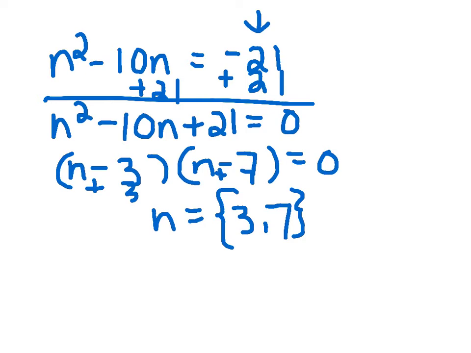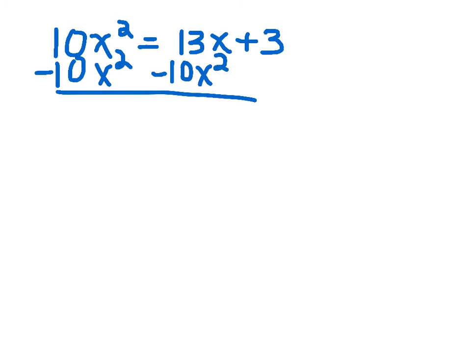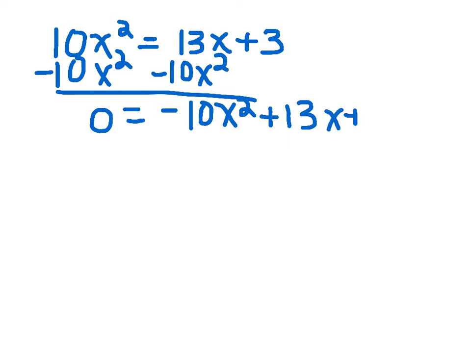What if I had 10x squared equals 13x plus 3? Well, I want to get one side equal to 0, and I could subtract 10x squared. What I'd have is 0 equals -10x squared plus 13x plus 3.